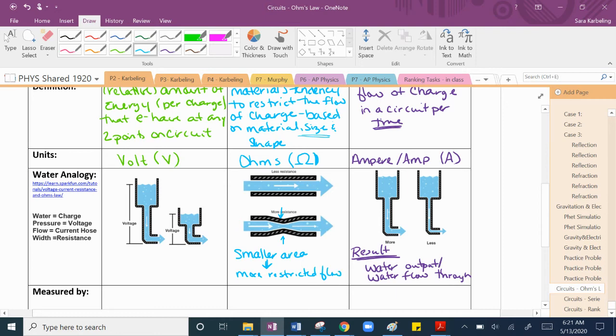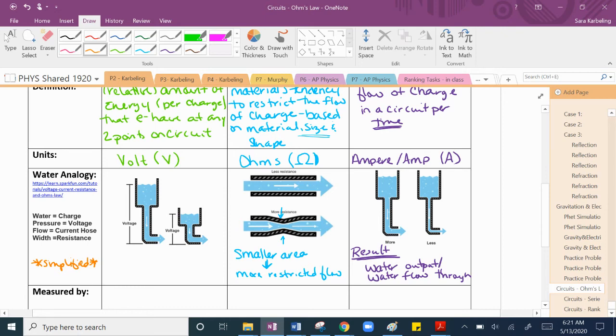Similarly, if you unkink that hose, then you're going to have more of a free flow. If you have a really, really wide hose, then you're going to have even more current or even more flow through there. And to be very clear, this analogy is very, very simplified, and that's important to know. But it does help get your head around what's going on.